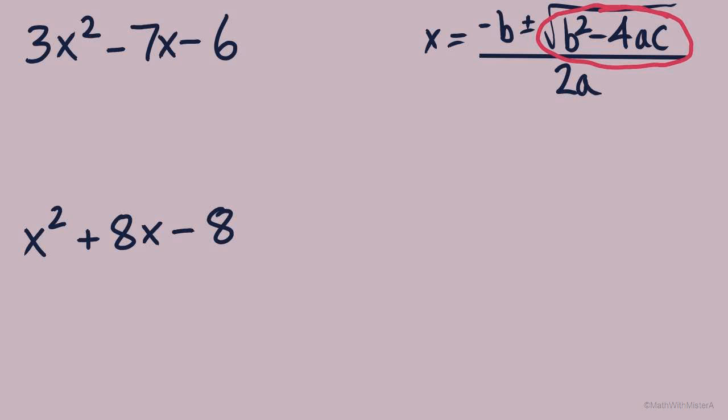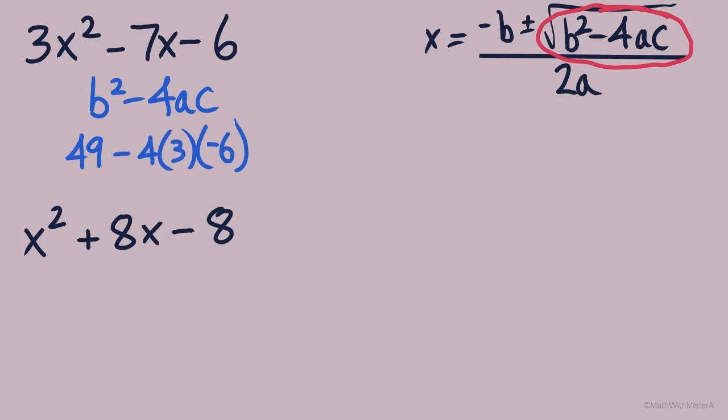So in this example, b squared minus 4ac, the b is negative 7, so when we square that it would be a positive 49, minus 4 times 3 times negative 6. I'm still cautious about my signs when I do the 4ac. So this will become, let's see, 4 times 3 is 12, 12 times negative 6 is a negative 72, so 49 minus negative 72 is basically 49 plus 72.